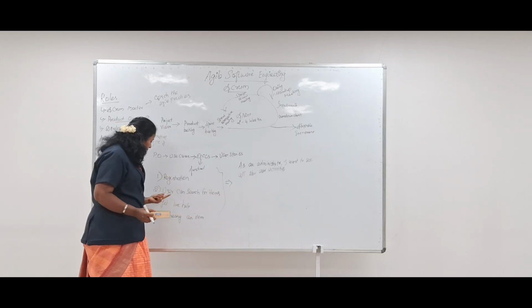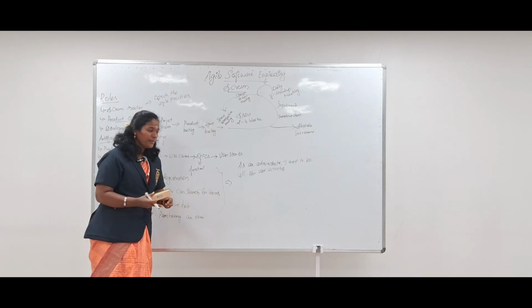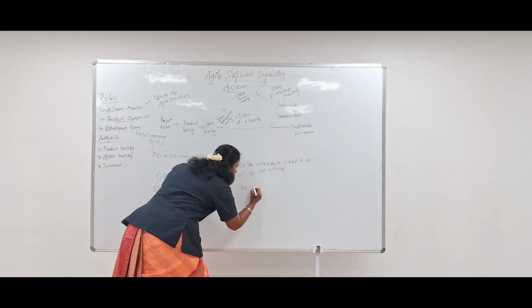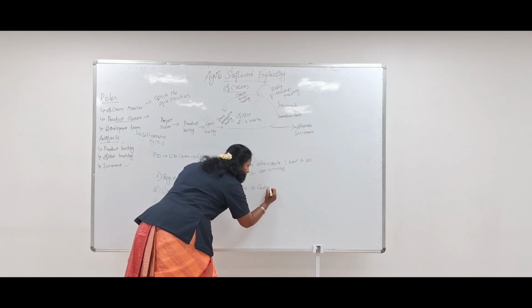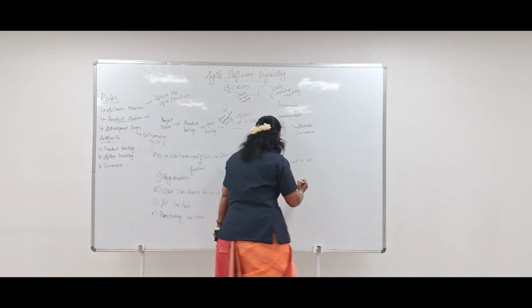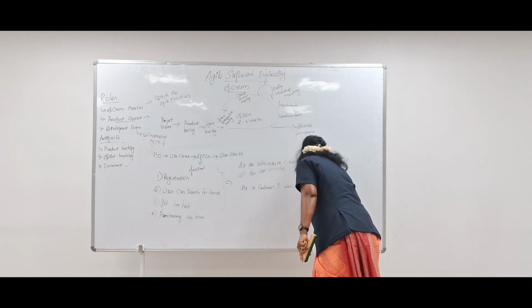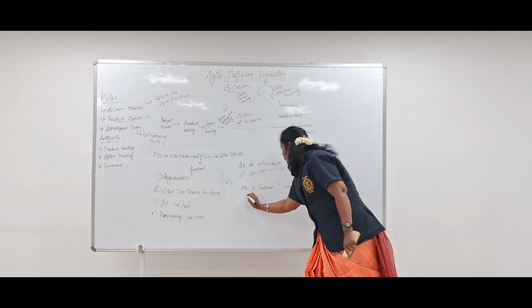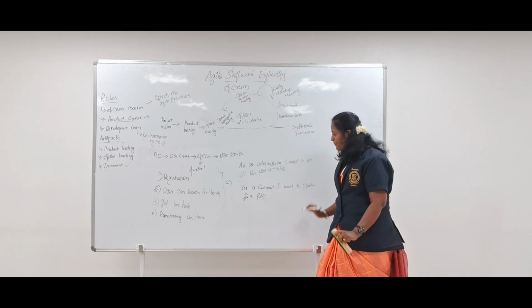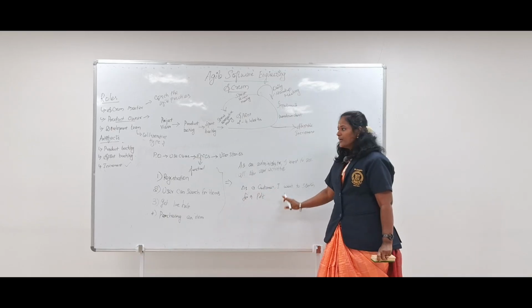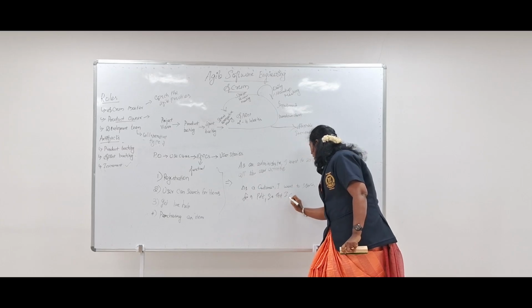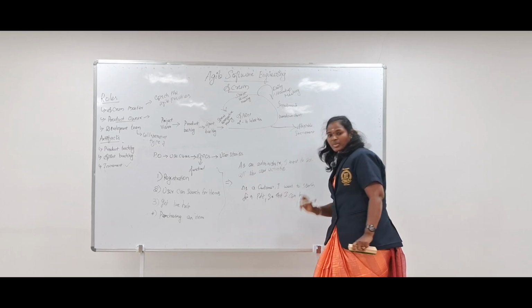So registration, and then the user can search for items. How can this be written in a user story? As a customer, I want to search for a product so that I can buy.